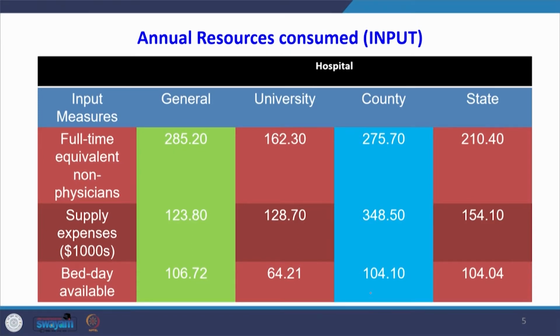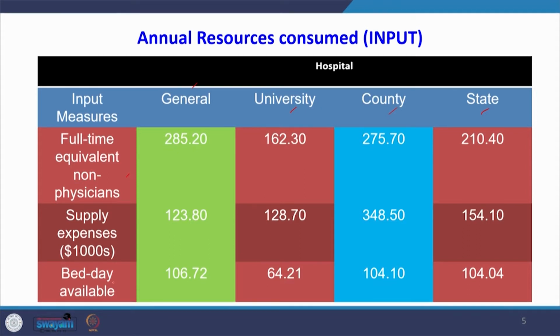This table shows the inputs. There are 4 hospitals: general hospital, university hospital, county hospital, state hospital. In the general hospital, 285.20 is the full time equivalent non-physicians, and 123.80, in terms of 1000, is the supply expenses. Then the bed days available.